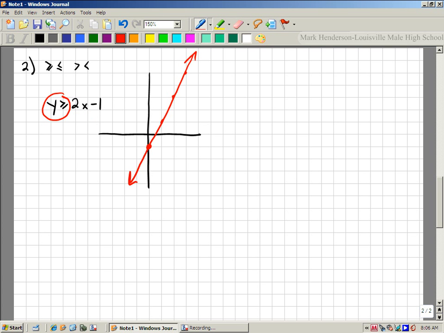Like if you drew a line on the floor, you would say everything past this line is okay. And that's exactly what we're going to do here. Since it says it's bigger than, we are going to color above or below. Above, it's bigger. Oops. Do you remember doing that last year?